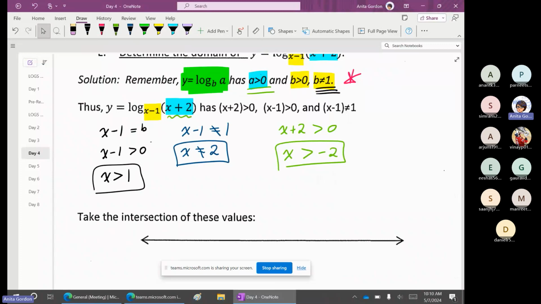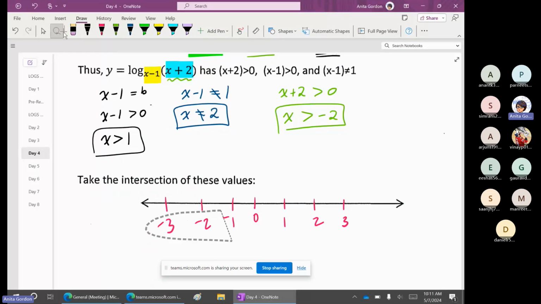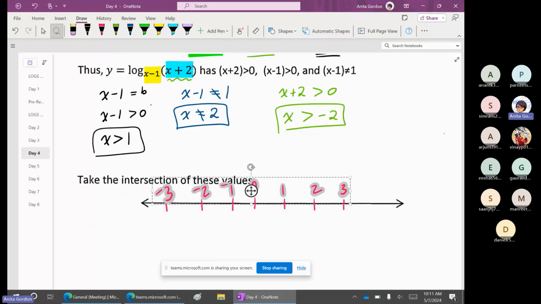So as a visual representation, I'm going to draw a number line here with 0 in the middle. And I'm just going to go up to 3. Minus 2, minus 3. 1, 2, 3. Actually, I'm going to draw these ones over top. There.